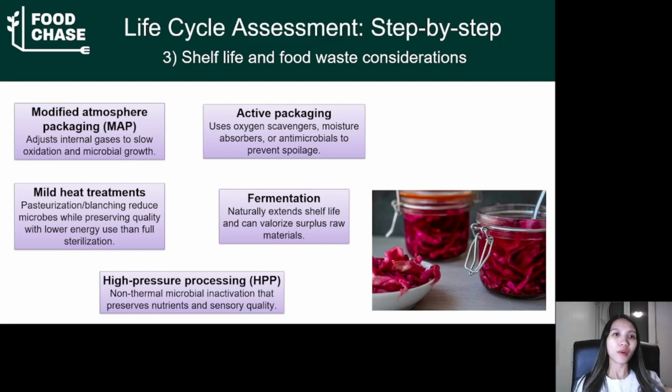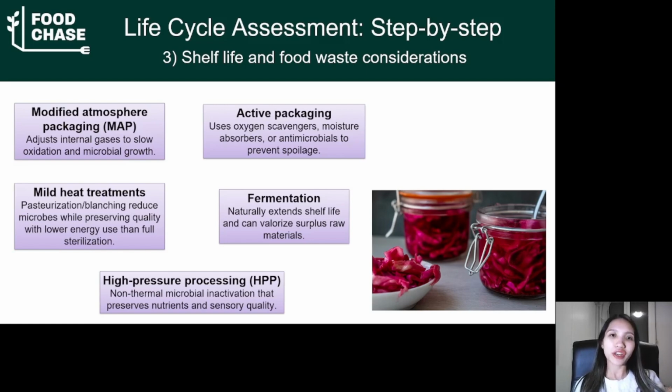For example, modified atmosphere packaging or MAP. This is a technology that adjusts the internal gas composition of the product. In this way, it can slow down oxidation and microbial growth.